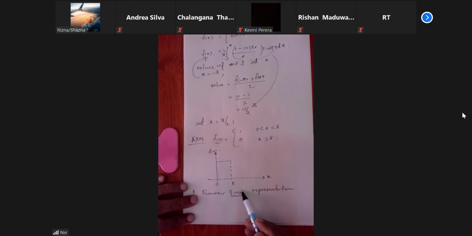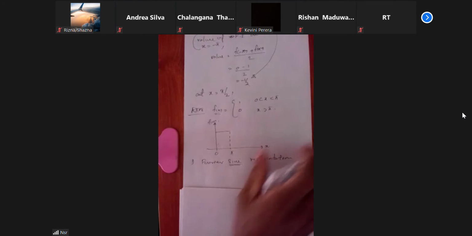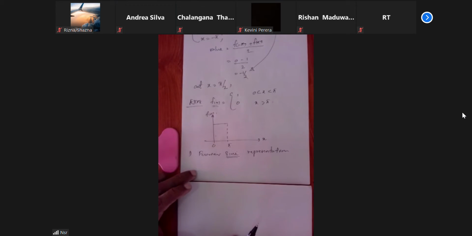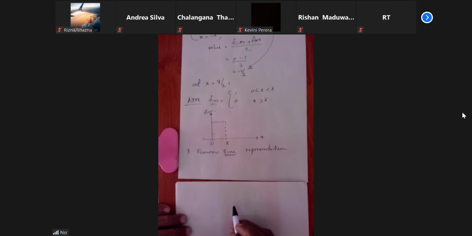We cannot identify whether the particular function is even or odd if we have this kind of graph. Then what you have to do is extend the graph to become an odd function. How do we extend the graph? The function is not symmetric, so I am going to extend it to satisfy the condition f(-x) = -f(x).